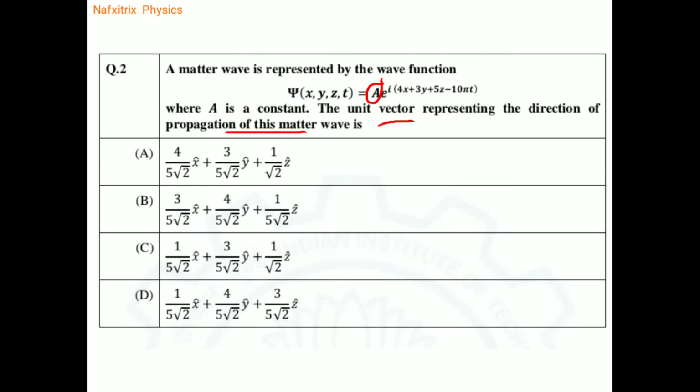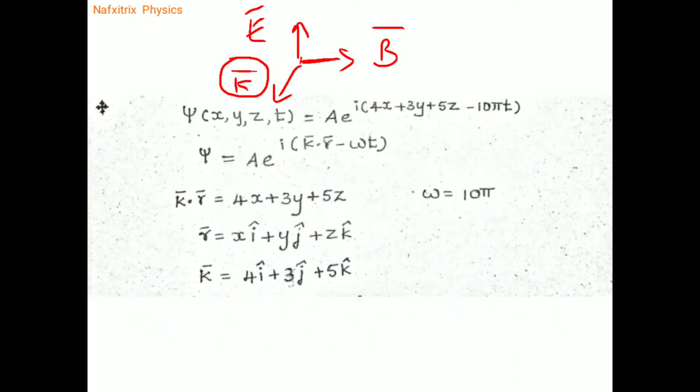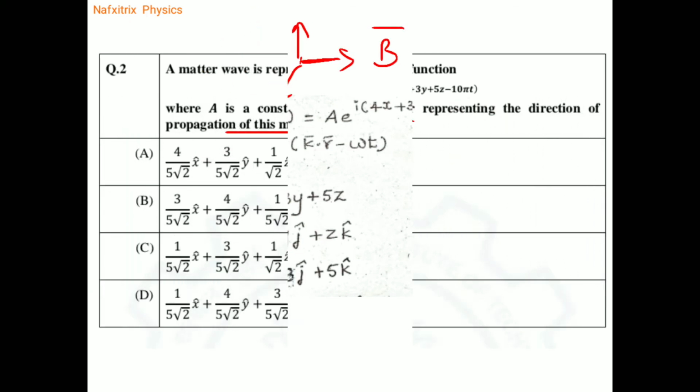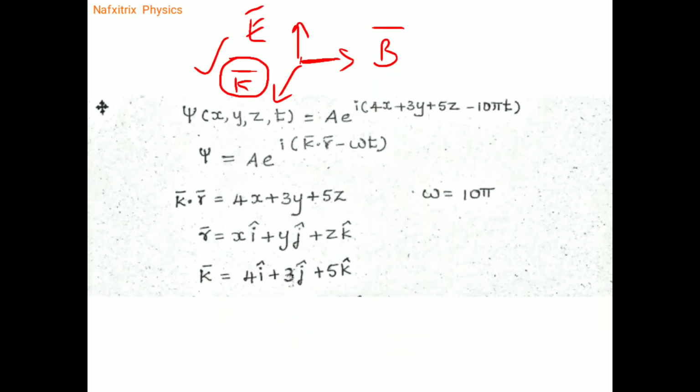Actually k means wave number, but here it is the direction in which the wave propagates, and we are asked to find this only. We need to find the unit vector representing the direction of propagation of this matter wave. That means only giving direction, not magnitude.